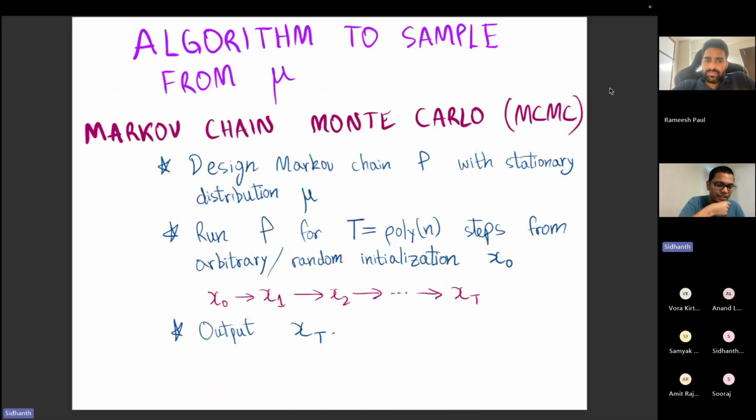And okay, before I proceed, I maybe want to say why one actually runs a local algorithm like a Markov chain instead of using a more global sampling technique. So in all of these high-dimensional distributions, like on the Boolean hypercube or independent sets in a graph, the number of elements in the support of this distribution is exponentially large.